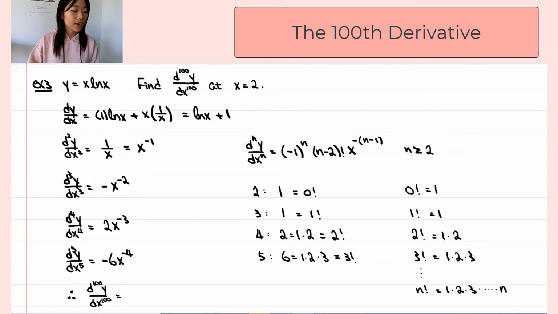Then the constant in front will be 98 factorial times x to the power of negative 100 minus 1. That is negative 99. So if we evaluate the derivative at 2, we'll get 98 factorial times 2 to the power of negative 99.